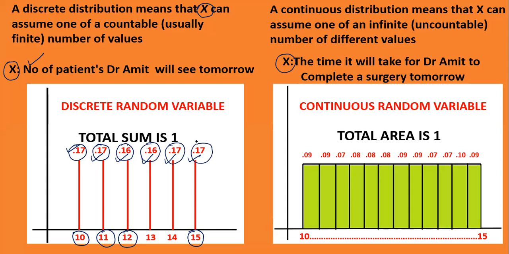It's straightforward. However, if you go to a continuous case, like the time it will take for Dr. Amit to complete a surgery tomorrow, if you know that it normally takes between 10 to 15 minutes, here I've considered a uniform distribution. The time could be here, here, here, here, here, and here.